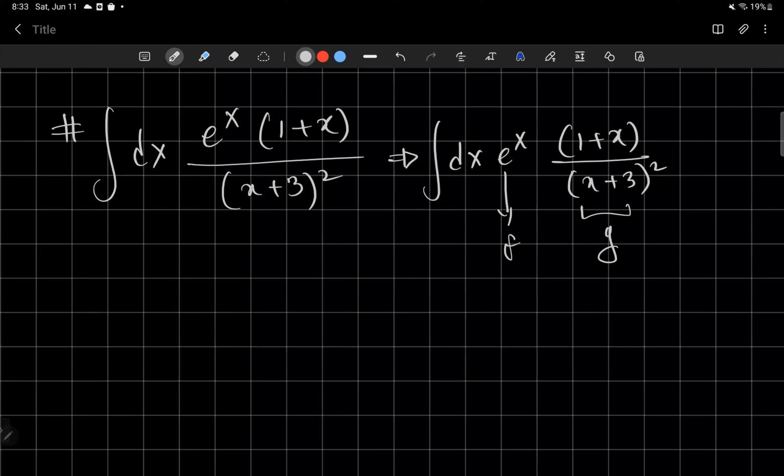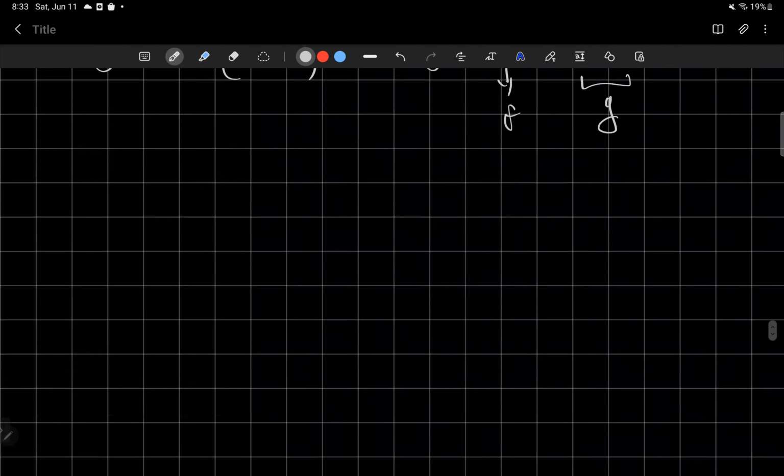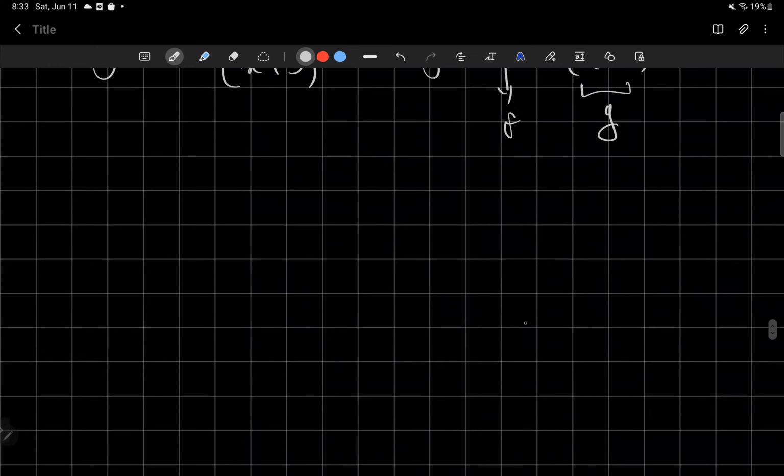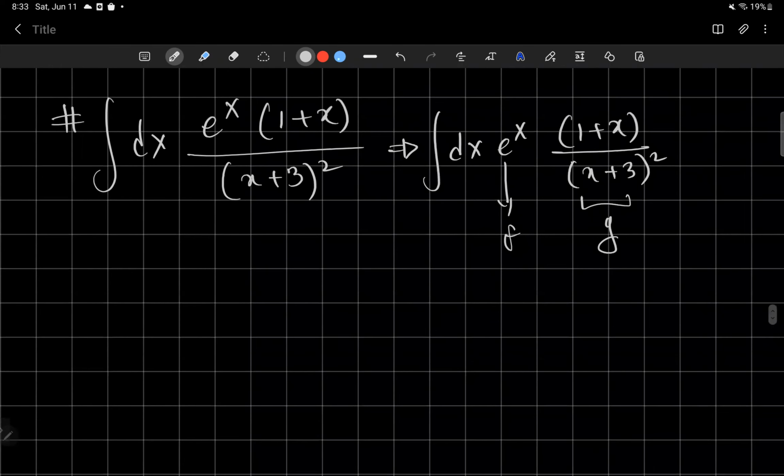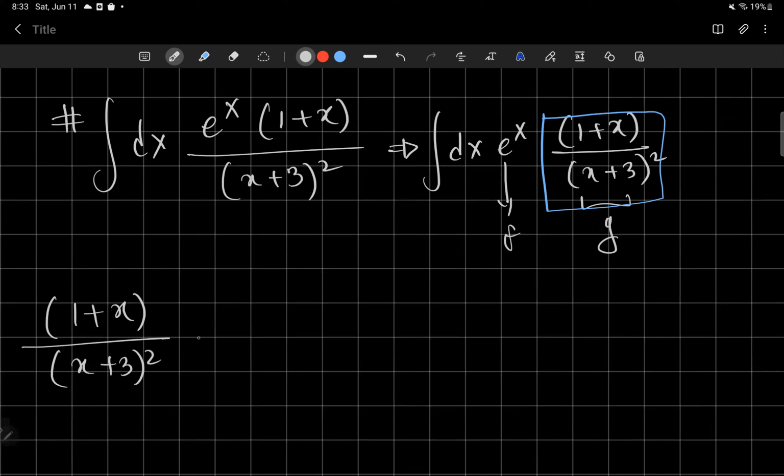And whenever there is a rational fraction, you can simplify it using the partial fraction techniques that you learned in the previous class. So can anyone tell me, how do I decompose this into partial fractions? Anyone? What will be the terms on the right hand side?